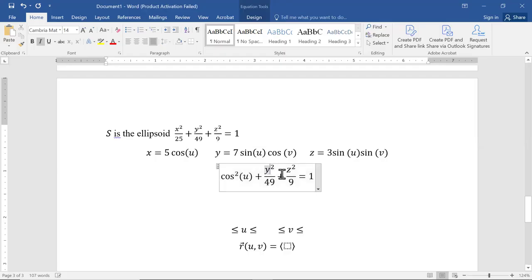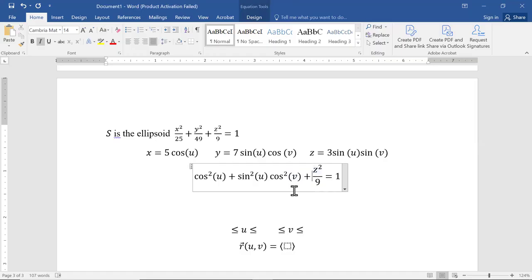So here's what's going to happen. When we plug in 7 times sine of u times cosine of v and square that, 7 squared over 49 will just become a 1. So we'll get sine of u squared times cosine of v squared.